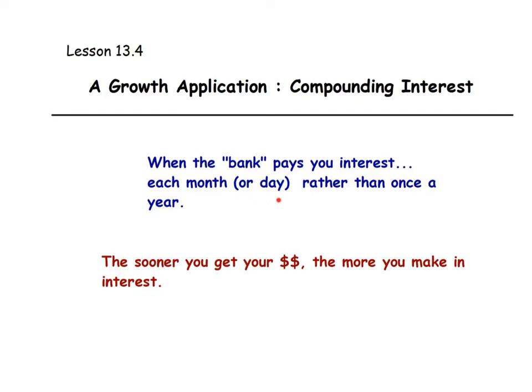In that case, they're going to pay you 365 times in 1 year rather than once a year. Why is this important, this compounding? Because the sooner you get your money, that interest, the more money you're going to make. And of course, that's what everyone's goal is, to make more money. So we want to get this compounding interest rather than just getting it at the end of the year.